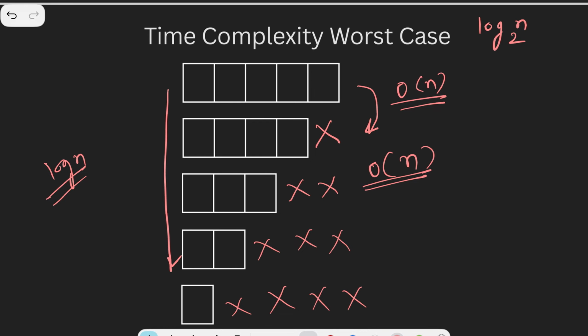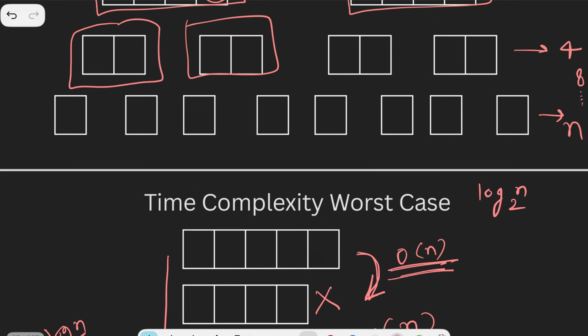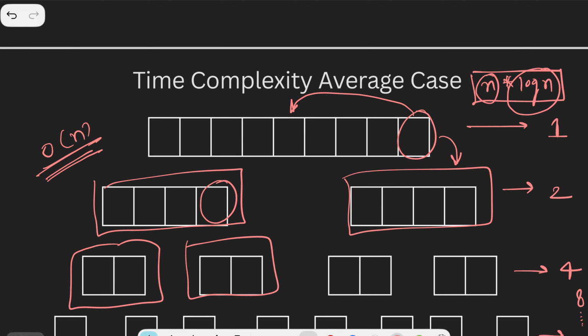So to transition from one step to another step, you take O of n time. There are total n steps. That means total time complexity is going to be n squared. So in worst case, you have n squared time complexity. In an average case, you have n into log n time complexity.